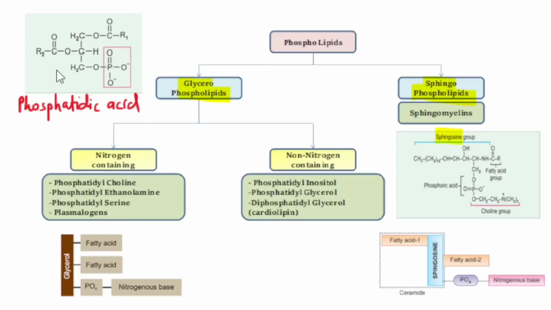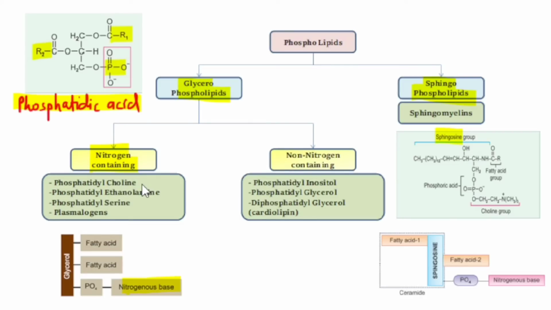Now see the structure. It is phosphatidic acid. It is made up of one molecule of glycerol where the hydroxyl groups of the first and second carbon atoms of glycerol are linked to fatty acids and the third hydroxyl group is linked to phosphoric acid. Now if phosphatidic acid binds with nitrogen, it is called nitrogen containing glycerophospholipids.